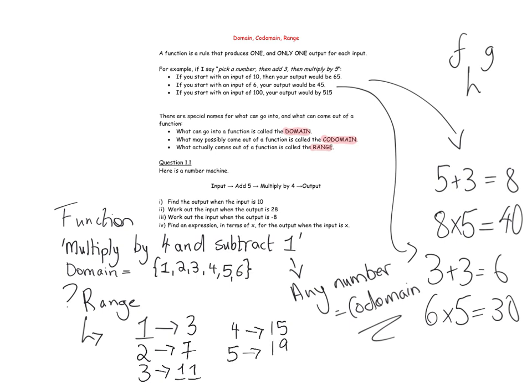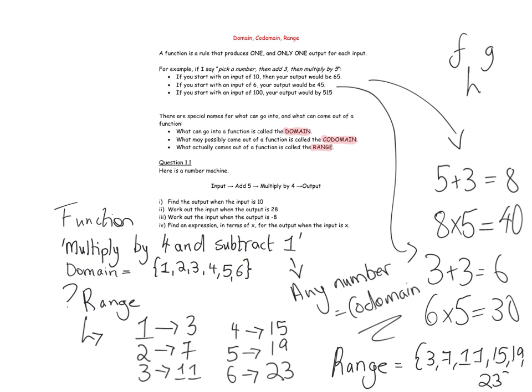Take 1 is 19. And then 6 by 4 is going to be 24. Take 1 will give us 23. So for this example, the range, or what comes out of this function, is 3, 7, 11, 15, 19, and 23.